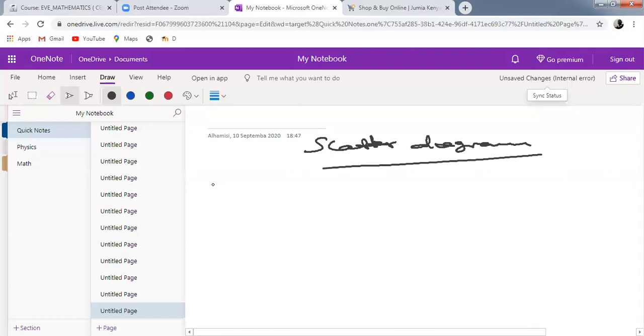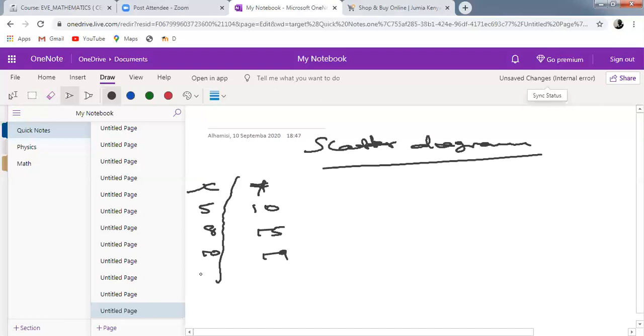You can have some values like maybe x and y. This is x and y variables, and maybe this x is 5, this one is 10, this is 8, this one goes to 15, this one is 10, this one goes to 19, this one is 13, this one goes to 24. These are x and y's.